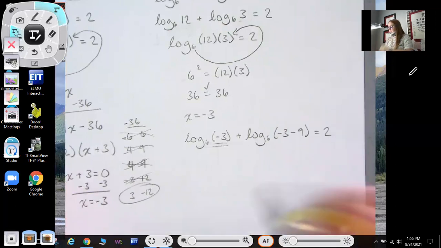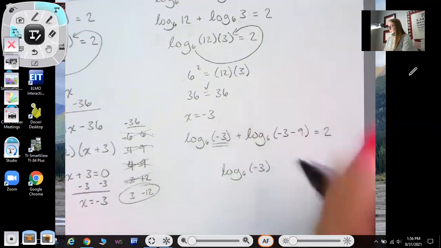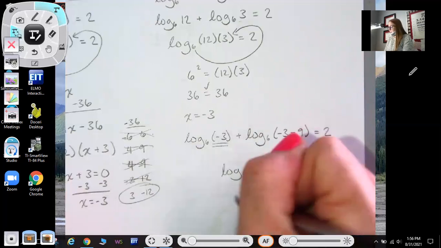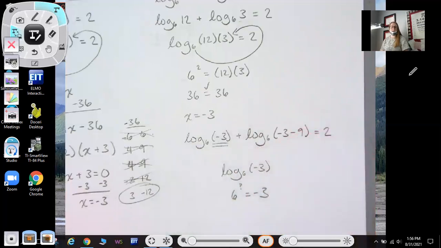So just to reiterate, if we're looking at log base 6 of negative 3, this logarithm is asking 6 to what power equals negative 3. There is no exponent that you can put on a positive number that will then give us a negative answer. And if you try to put log base 6 of negative 3 in your calculator, it gives you an error because it's going to be a non-real answer.